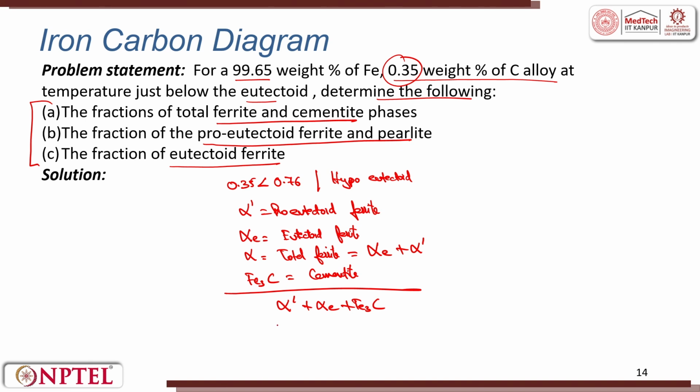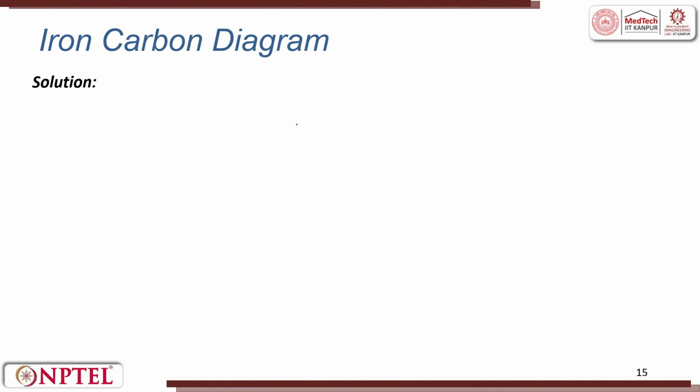So, we will talk about problem A first, ferrite and cementite. To get this ferrite and cementite, that is alpha plus Fe3C, let me see.